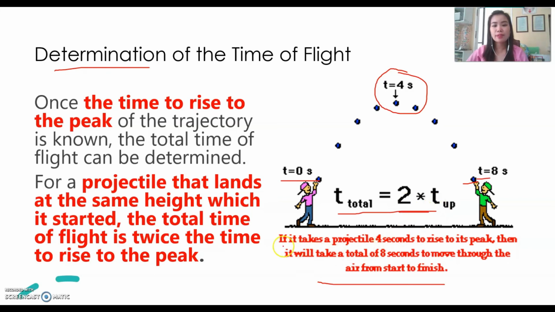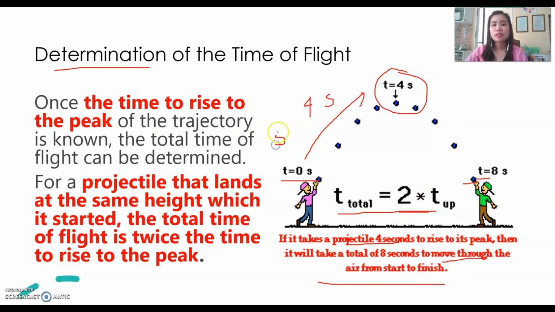If it takes a projectile 4 seconds to rise to the peak, it will also take a total of 8 seconds to move through the air from start to finish.